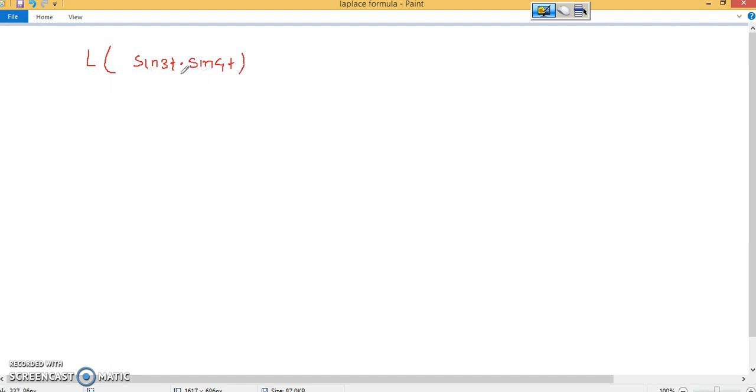So you have to convert this in the form of, you know already, this sin A into sin B formula is 1 by 2 cos of A plus B minus cos of A minus B. This is the minus formula we discussed. So you can write here, this is minus 1 by 2.